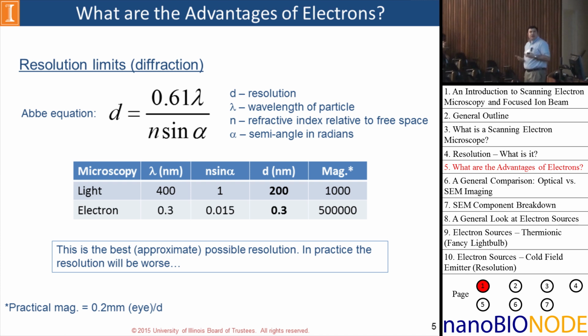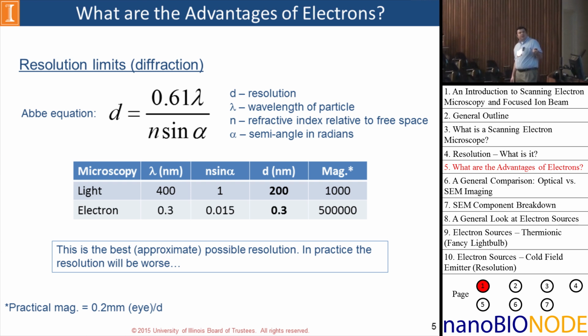The main advantage we're getting compared to light, since we're using electrons, is that with light, your imaging wavelength is around 400 nanometers or so, as compared to an electron, where the wavelength is very, very, very small. Actually, I might have the wrong number on there, but that's okay.